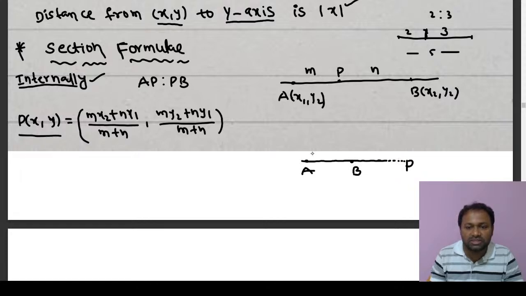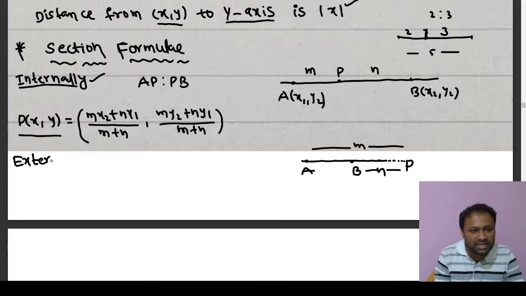Suppose it divides in the ratio m up to here and n up to here. If P lies on the extended line of AB, then we say that P divides externally.